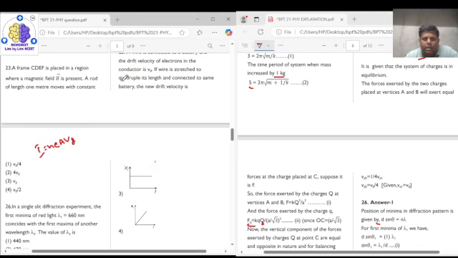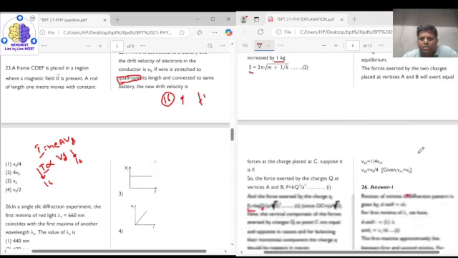Now, if we are increasing the length by 4 times, the resistance will increase by 16 times. If the resistance increases by 16 times, current will reduce 16 times, and from here we can say that I is proportional to Vd, so if current is decreasing 16 times, then Vd will also decrease by 16 times, right?